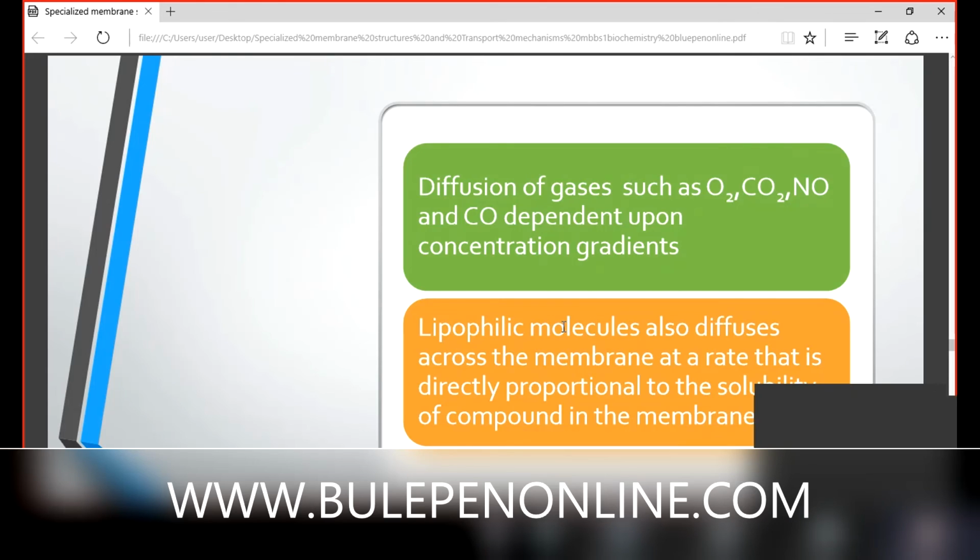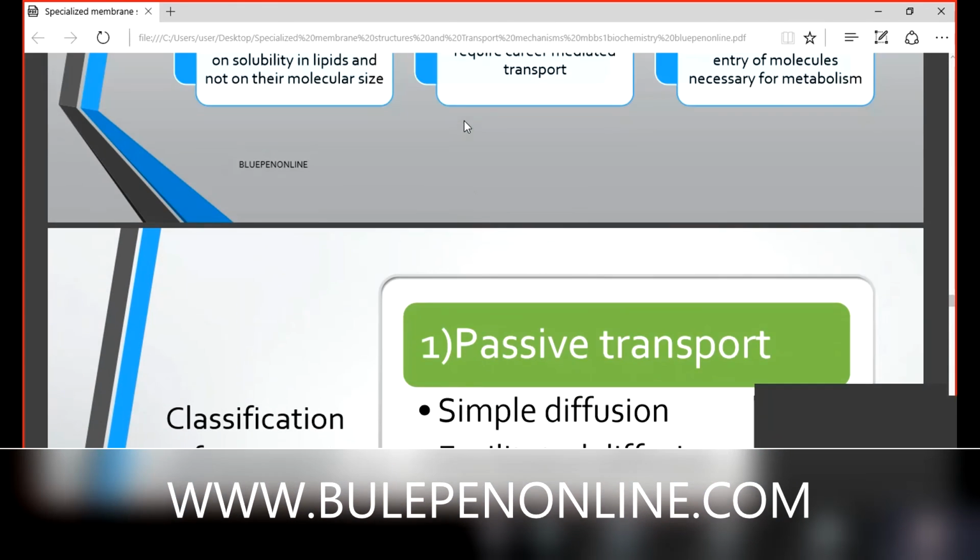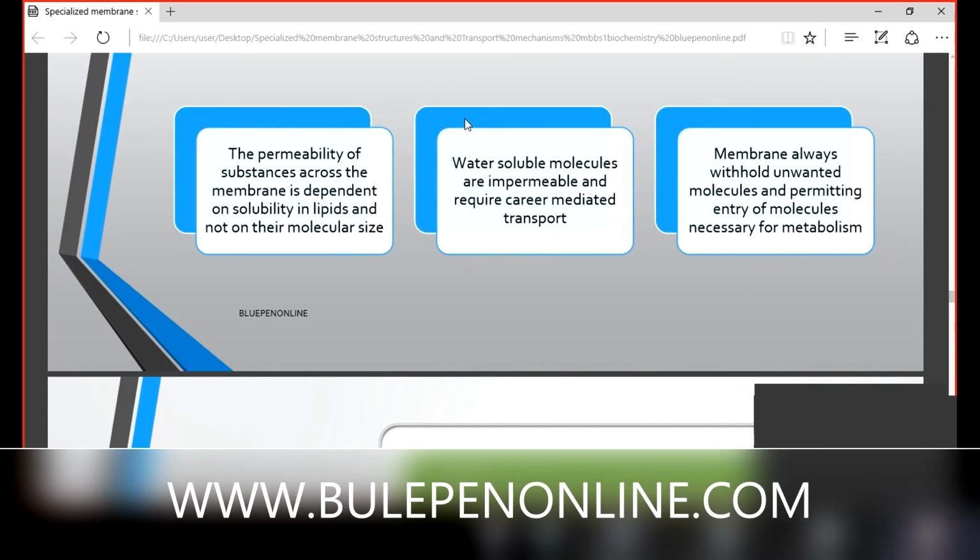Then what is the major function of the plasma membrane? What happens to unwanted particles, will they enter the membrane or be withheld? The last point of the transport mechanism: the membrane always withholds unwanted molecules and permits the entry of molecules necessary for metabolism.